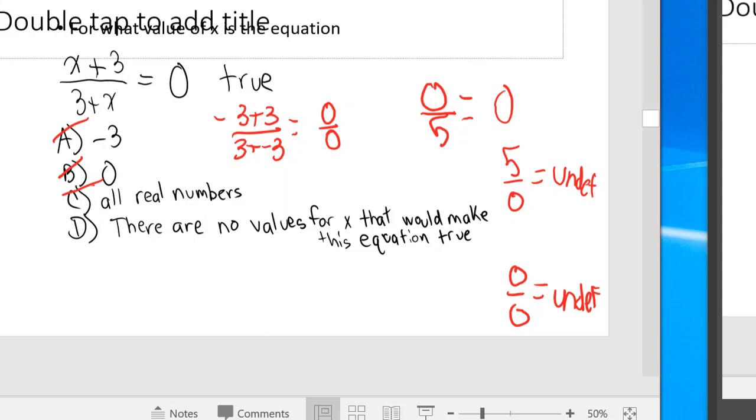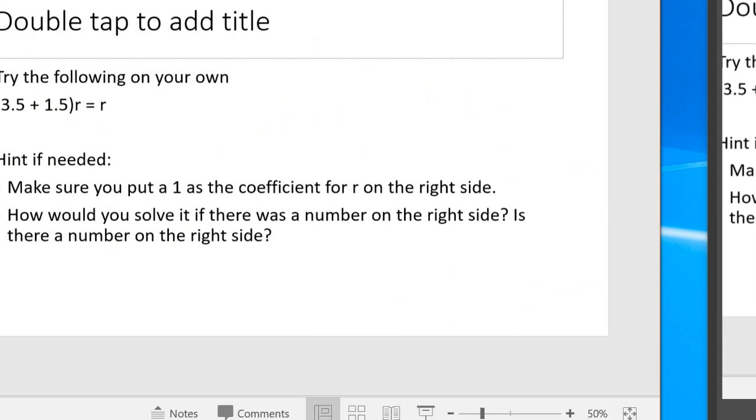Okay. So now, what I want you to do is try the next problem, which is 3.5 plus 1.5 r is equal to r. So in parentheses, I'll read it again.